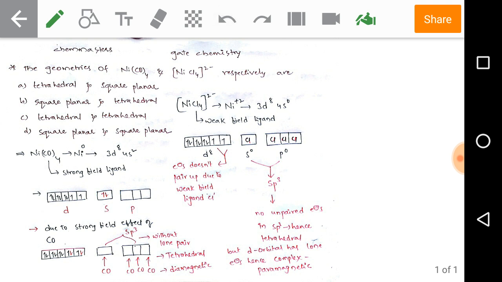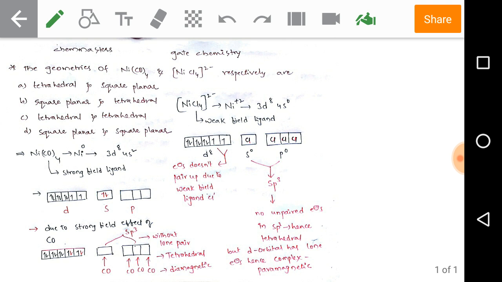After rearranging the electrons in the orbitals, we have four empty orbitals, that means one s orbital and three p orbitals. Then the four carbonyls can coordinate with those empty orbitals of nickel. If we observe, it is simply sp3 hybridization, and there are no lone electrons.